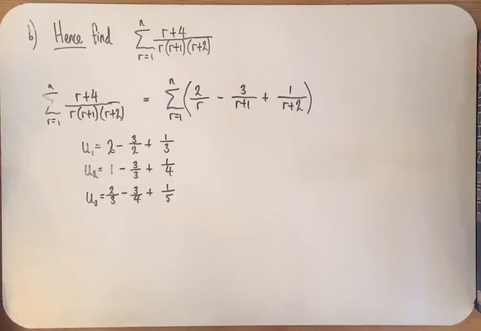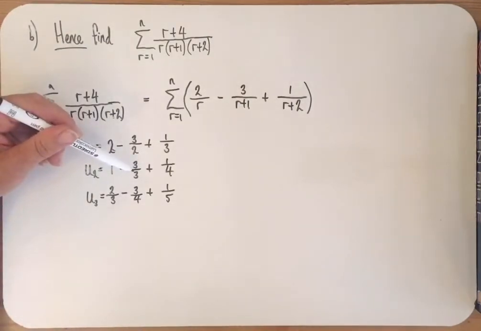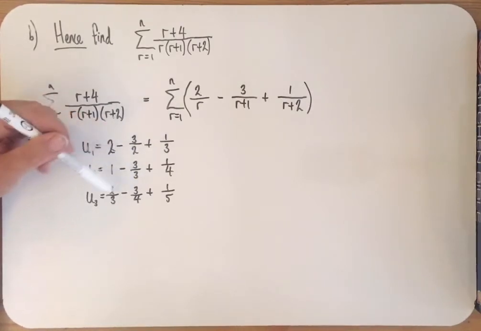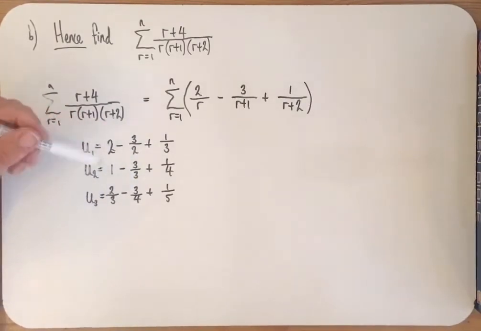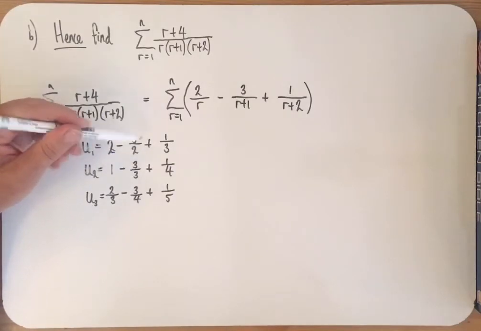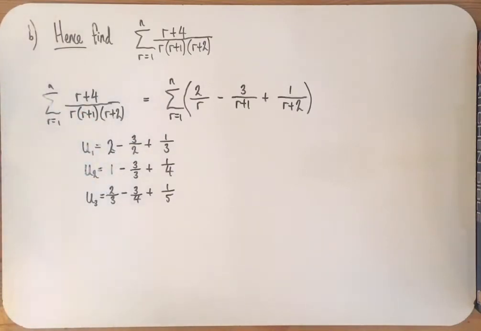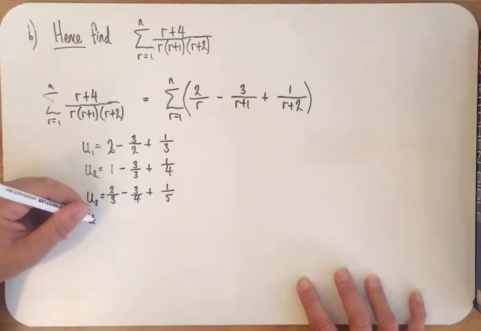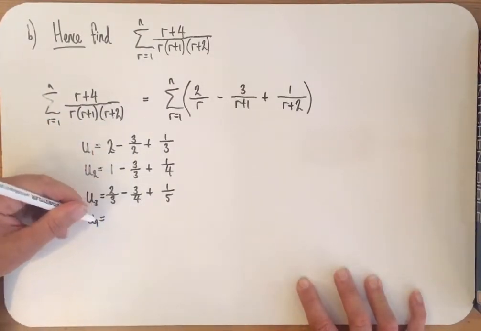And then if you look at what's happening, I've got minus 3 over 3. I wouldn't cancel these fractions down particularly with this because you can sort of see what's happening easier without that sometimes. But minus 3 over 3 plus 1 over 3 plus 2 over 3 is obviously 0, so they're all cancelling off. You could chuck another term in if you wanted to see it a bit more clearly.